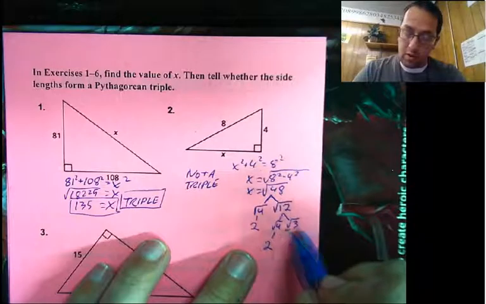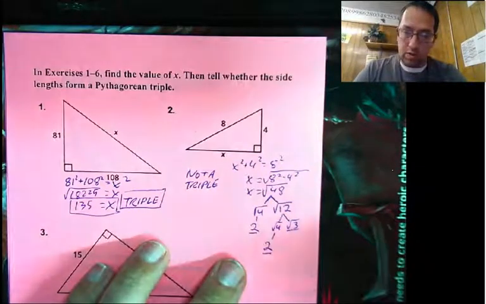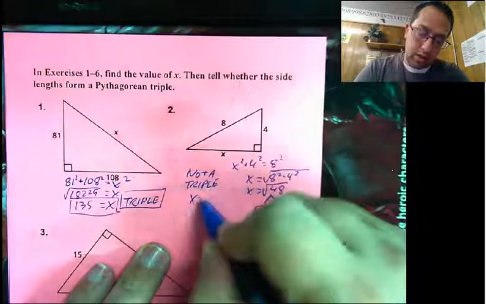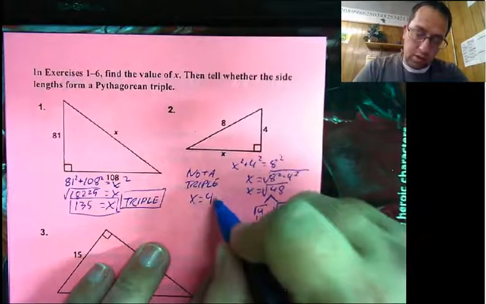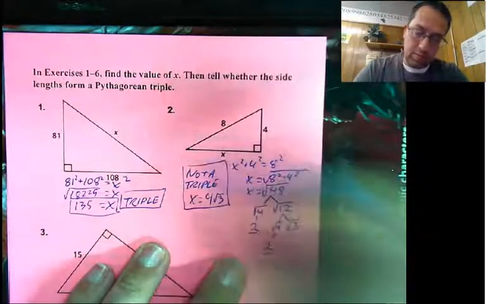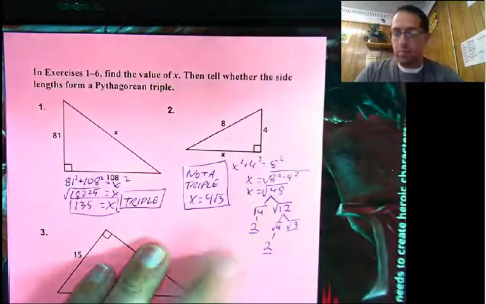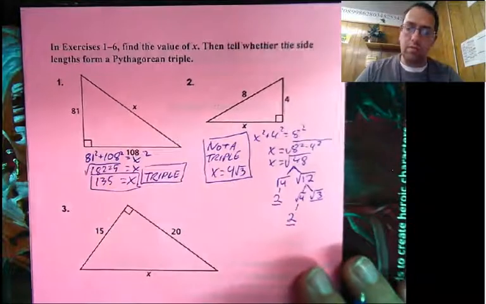So we're left with the square root of 3 times 2 times 2. Well, so x equals 2 times 2, which is 4 times the square root of 3. So 4 square roots of 3. Not a triple, because that is not a whole number. That's a hideous decimal, so it's no good.